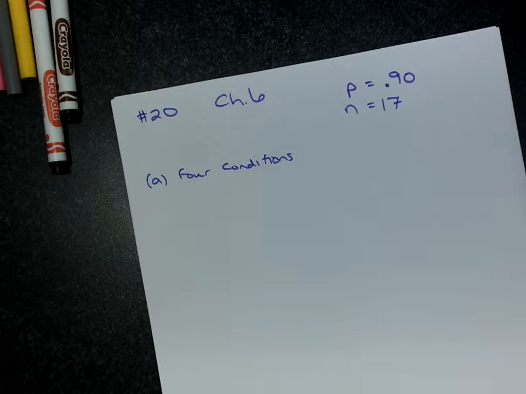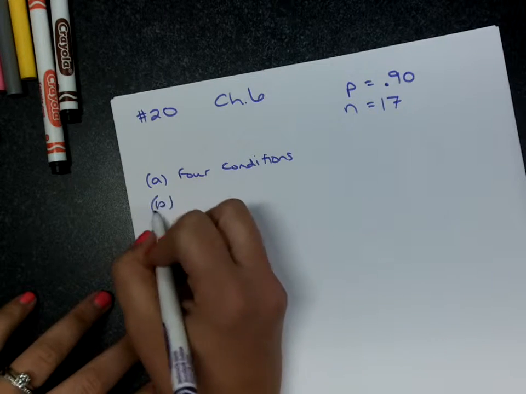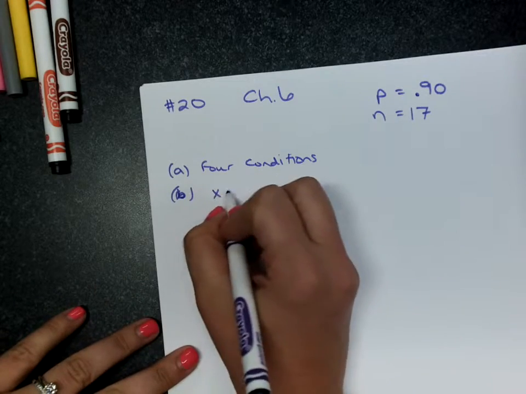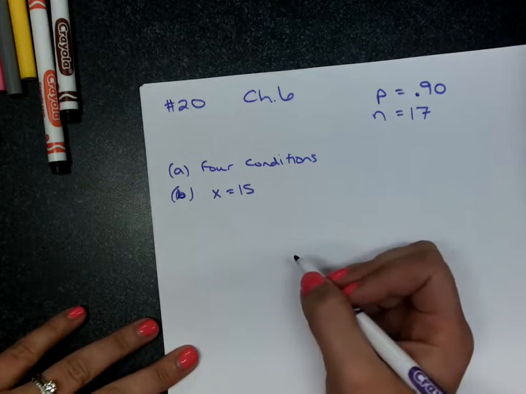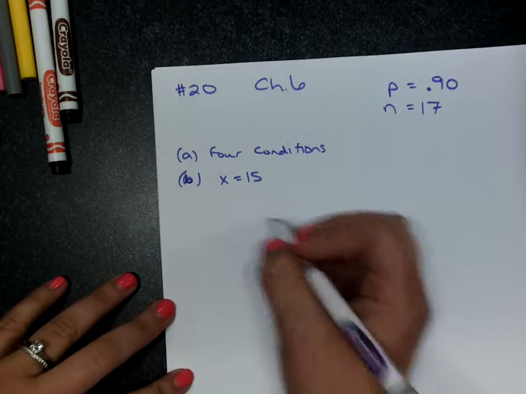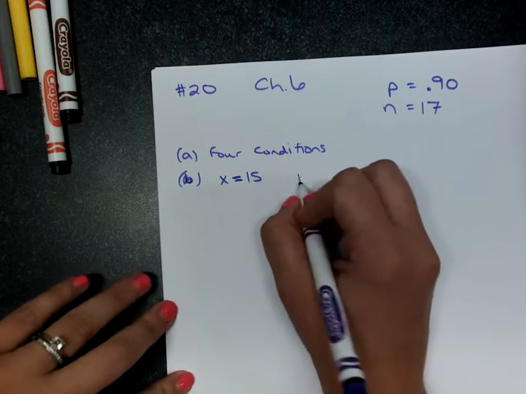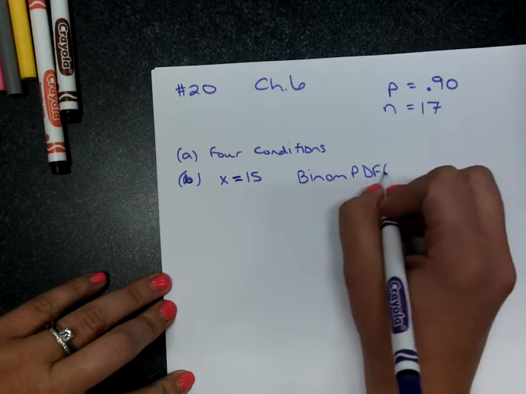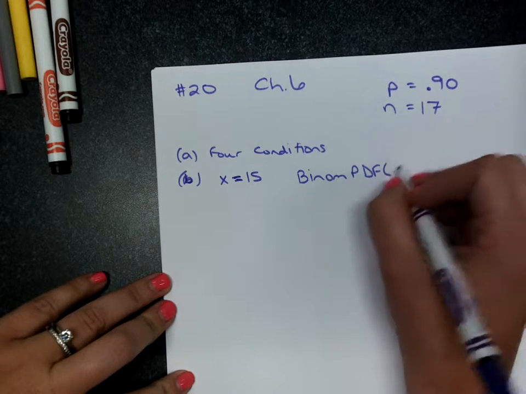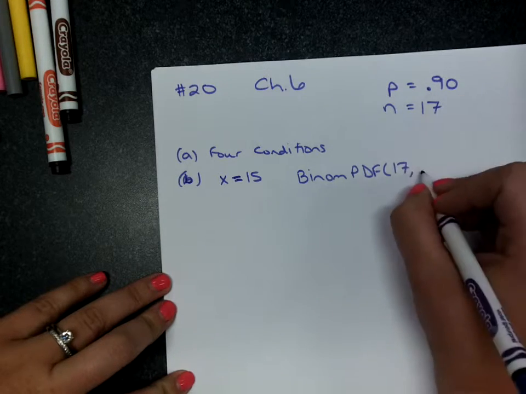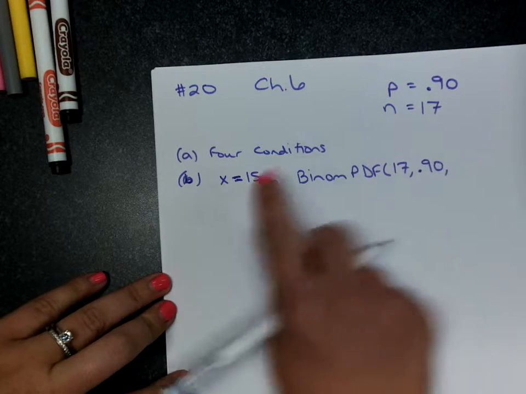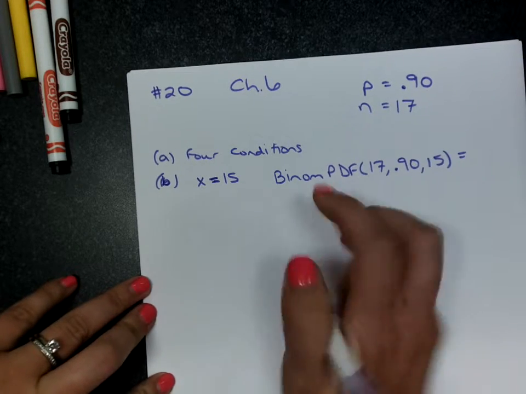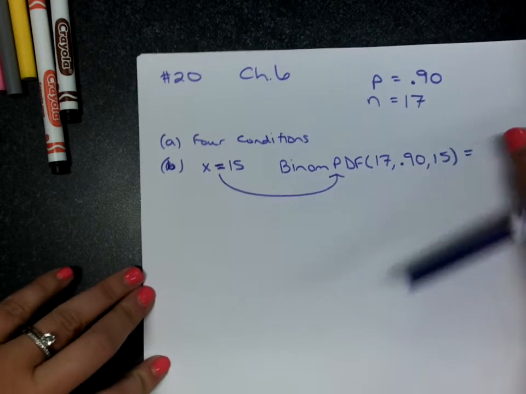All right, part B. Part B asks for the probability that exactly 15 flights are on time. The keyword there is exactly, and that means we're using equals. That is the function binomial PDF in the calculator. The first thing you put in is the sample size, and then the probability of success, and then the target value, which is 15. PDF will do exactly 15.